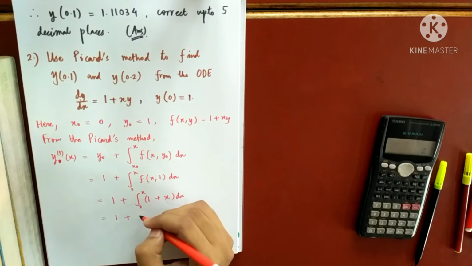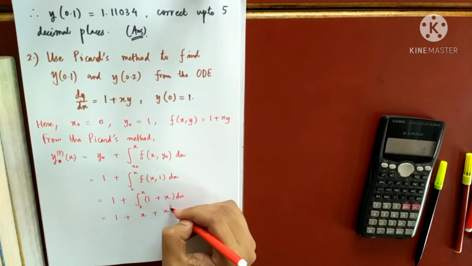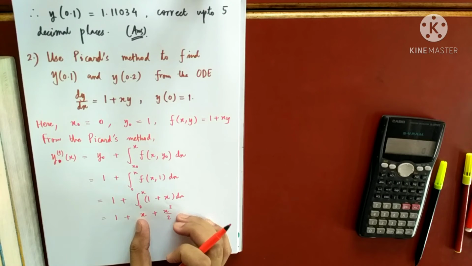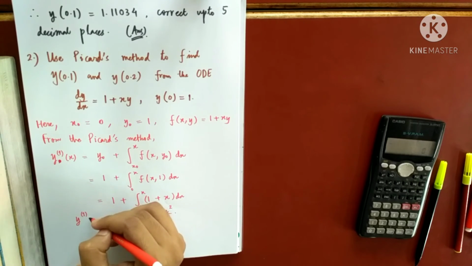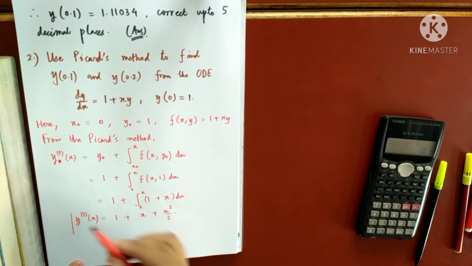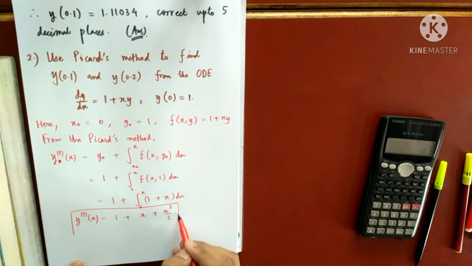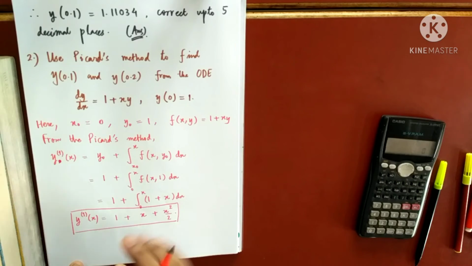Integration of 1 is x, and integration of x is x square by 2. Put the limits. If I put x, I get this, and when I put 0, I am getting 0, so no need to put the limits. So this is the first approximation.